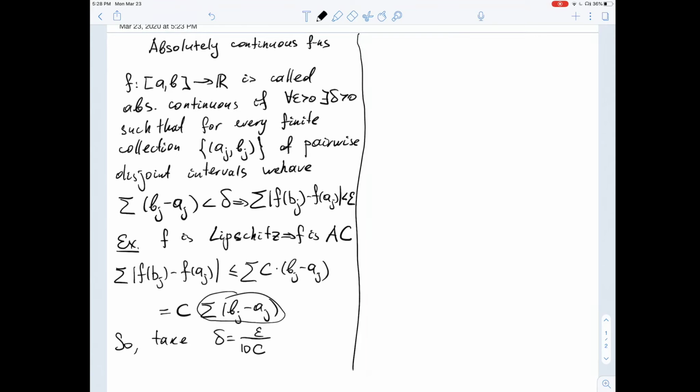Okay, so an important theorem is that f is AC implies that the total variation of f is finite, so an absolutely continuous function is always of bounded variation. Moreover, so what do we know? We know that a function of bounded total variation can be written as a difference of two increasing functions.